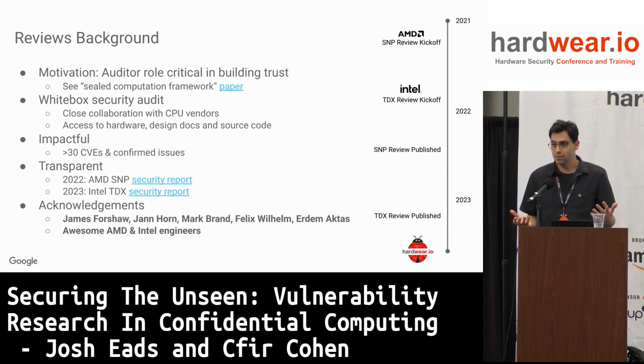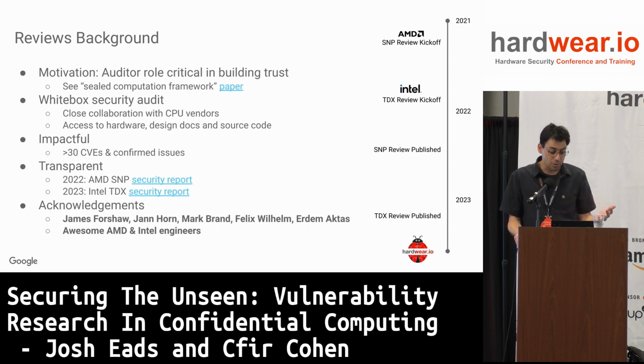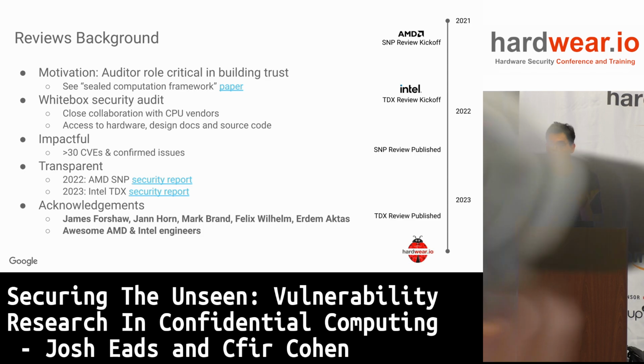Because when you talk about secure processing and confidential processing, it's all about trust. How do we build trust? How do users build trust in a technology that is developed by company A and deployed by company B? So trust is key here.